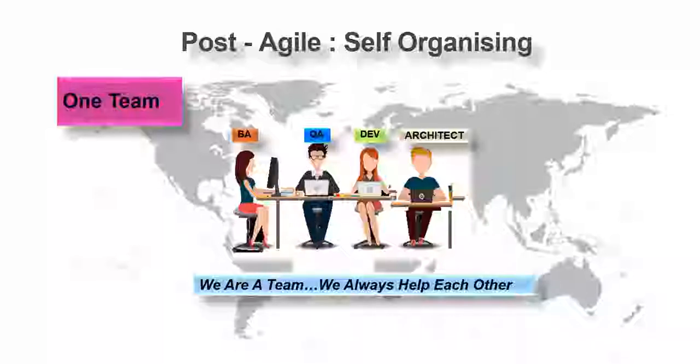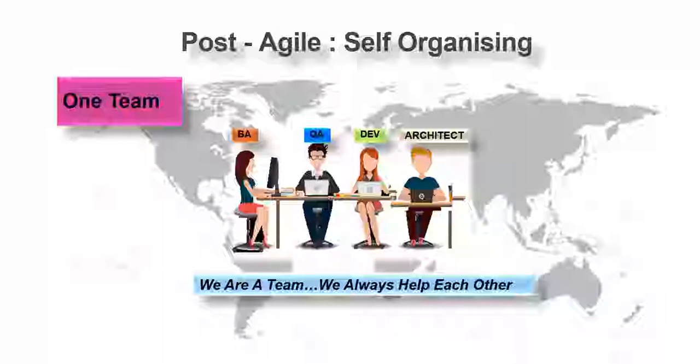A lot of the projects today in Agile are still struggling with this idea of change in mindset. Hey, I am a developer, why should I talk to an architect? I am a BA, why should I talk to a tester? So what we see today also is, in many projects, silos within an agile team.